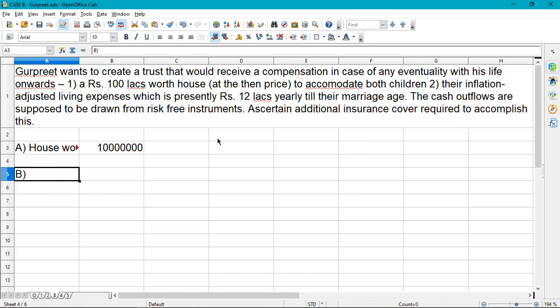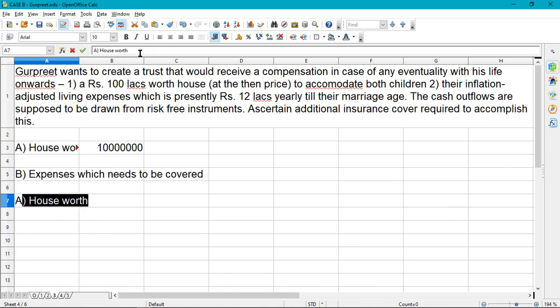B is the expenses which needs to be covered. To be covered, right? So what are the details we need? We have the annual living expenses, which is 12 lakhs.